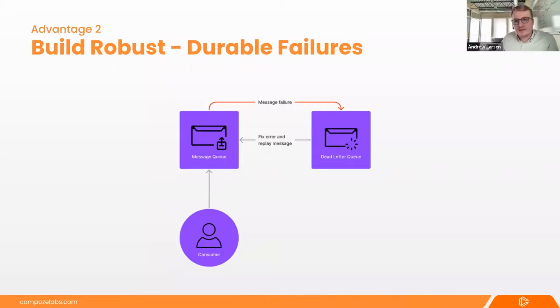So the great thing about this is that those messages don't go away. There's a pattern called the dead letter queue, where if your consumer is processing the messages but is unable to do it successfully, those will eventually end up on a dead letter queue. That's just another queuing mechanism where basically the consumer says, I can't process this right now, store this for later.